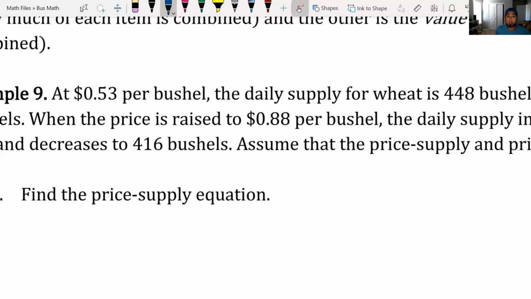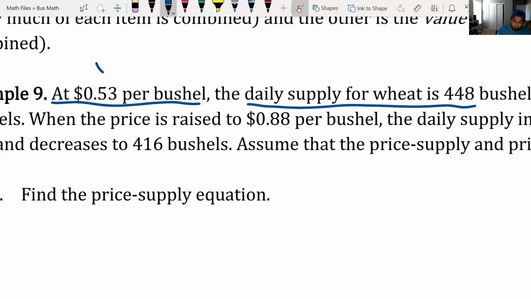So at 53 cents per bushel, so right now, at 53 cents per bushel, the daily supply for wheat is 448. Guess what? That is our first point. And now when setting up points, y always represents price and x always represents an amount.